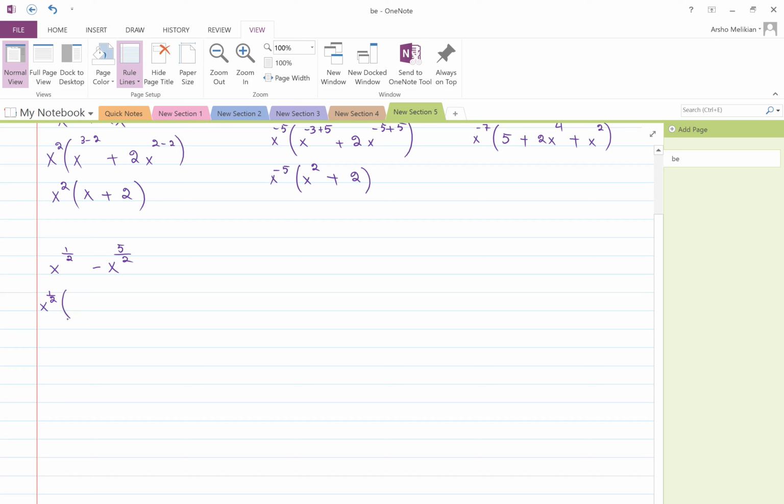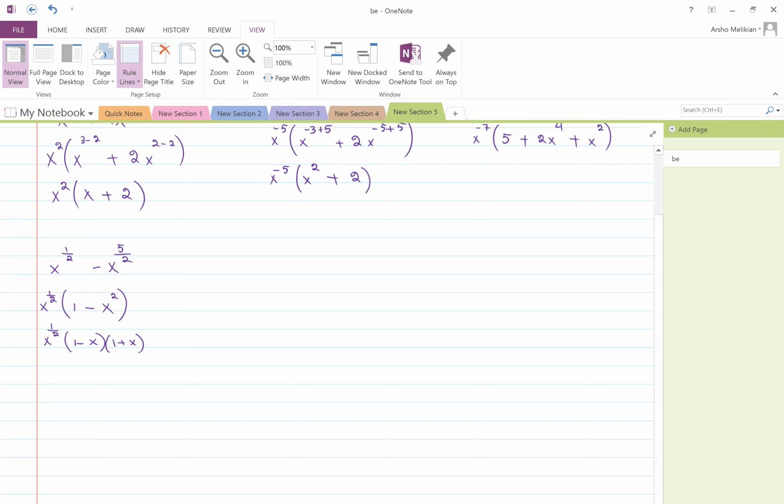So the first term, it's just going to be a 1 minus x to the power of, so it's 5/2 minus 1/2, so it's x squared, right? Because it's 4/2, so it was x to the 5/2 minus 1/2. So now it's going to be 1 minus x, 1 plus x.